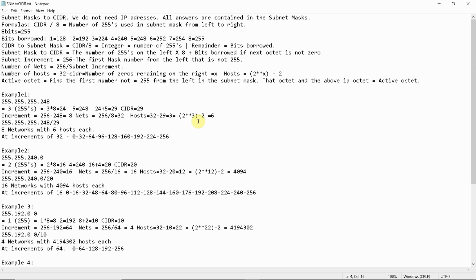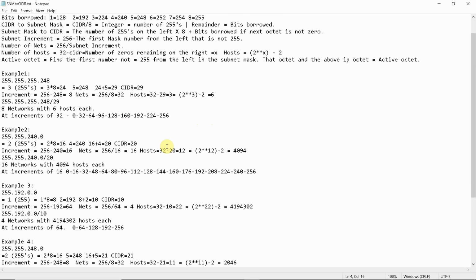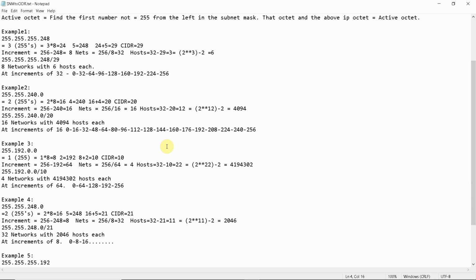So you do 2 raised to the exponent of 3, minus 2, and that gives you 6. That gives you 8 networks with 6 hosts each at increments of 32, as we can see. I'm not going to spend a lot of time on this. It's simply going the inverse of what we were doing.